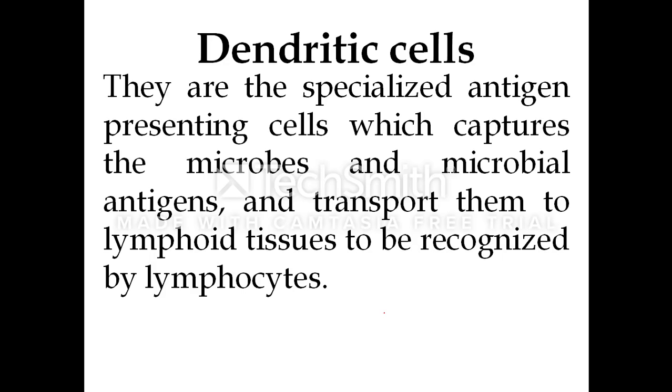So they help the immune system to easily identify the pathogen. They process the antigen and present certain molecules on its surface, so that the immune system can easily recognize the pathogen and activate the immune reaction.